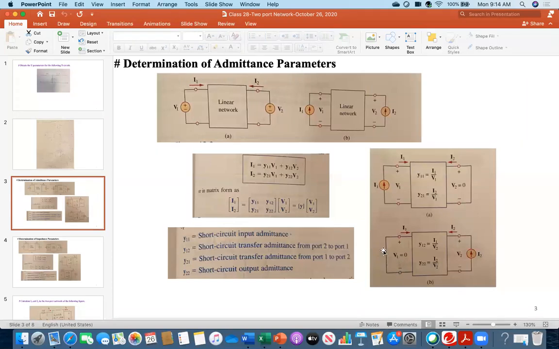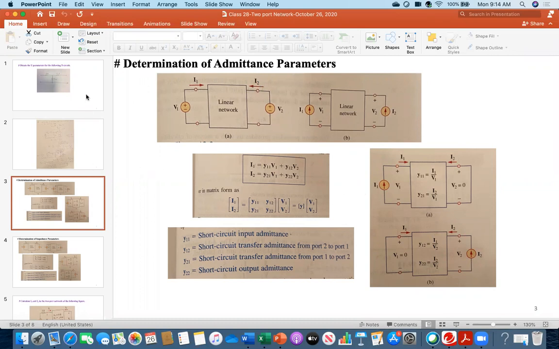So the current is flowing, which is I1. And on the right side port, you have the current source I2. Consequently, voltage V2 appears and I2 current is entering. So using this concept, one time the right side port shorted, next time the left side port shorted, you have to find out those four parameters, which are called the admittance parameters.